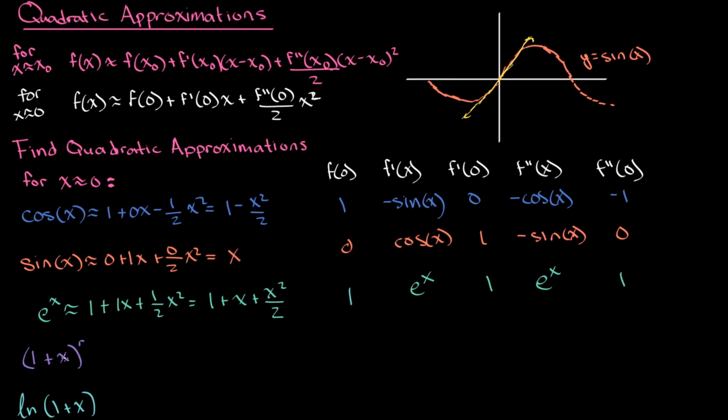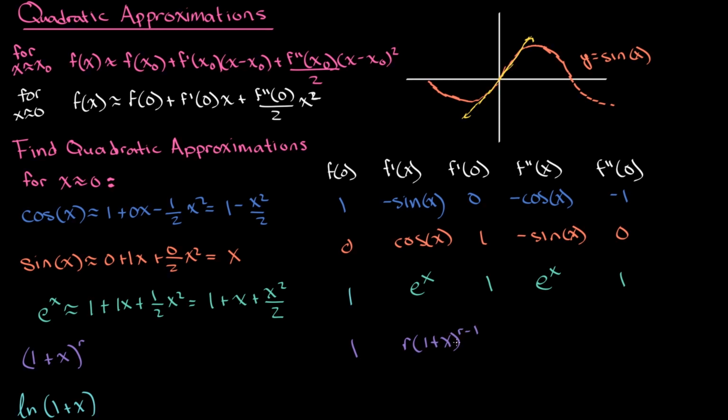All right, moving on, we have 1 plus x to the rth power. So evaluating this at 0, 1 to some power is just going to be 1. Taking the derivative by the power rule, we have r times 1 plus x to the r minus 1 power.